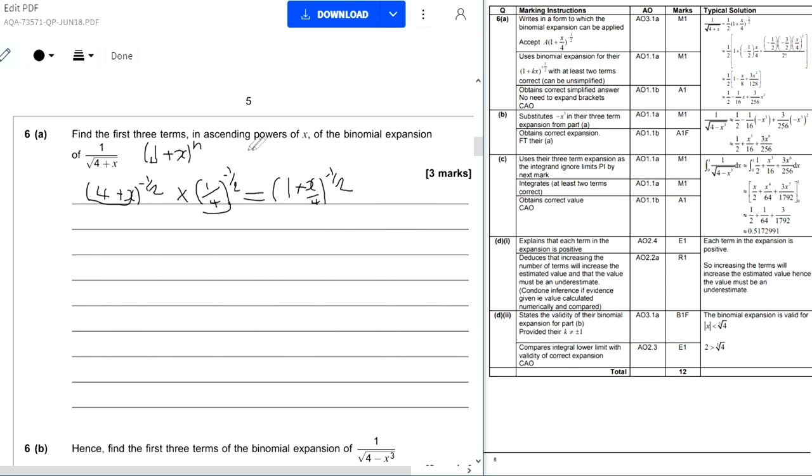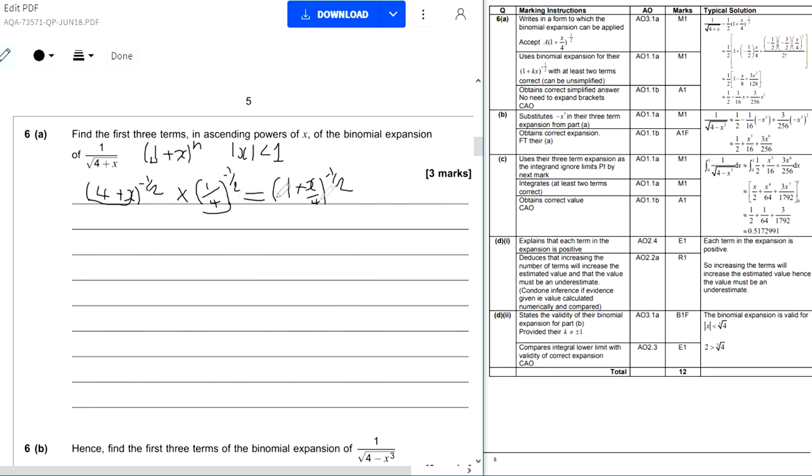But another thing to take note, because it's binomial expansion, this is strictly such that the modulus of x is less than 1. Because it doesn't say anything else, we can just assume that x is going to be less than or equal to 1. But it may be something that you have to be aware of later in the question. So maybe just have that in the back of your mind.